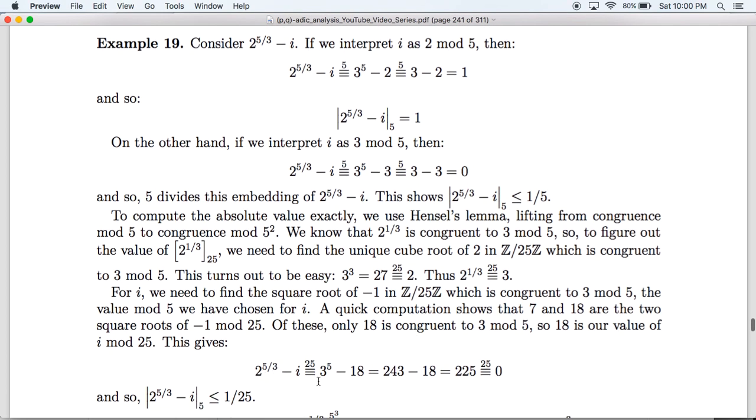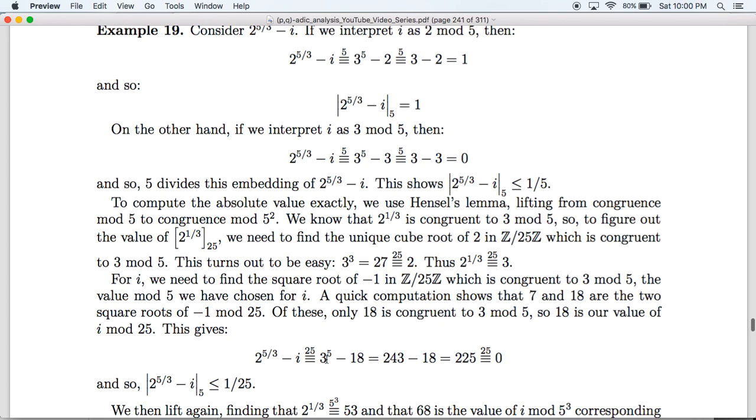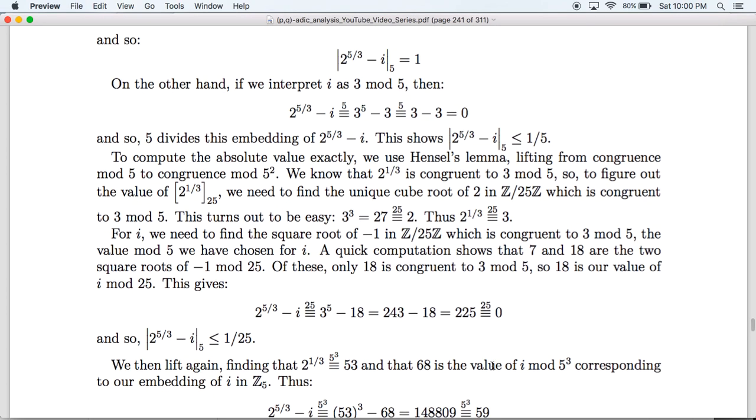So that means mod 25, I is going to be 18, and therefore mod 25, we have 3 to the 5th minus 18, which ends up being a multiple of 25. So this tells us that this number's 5-adic absolute value is less than or equal to 1 over 25.